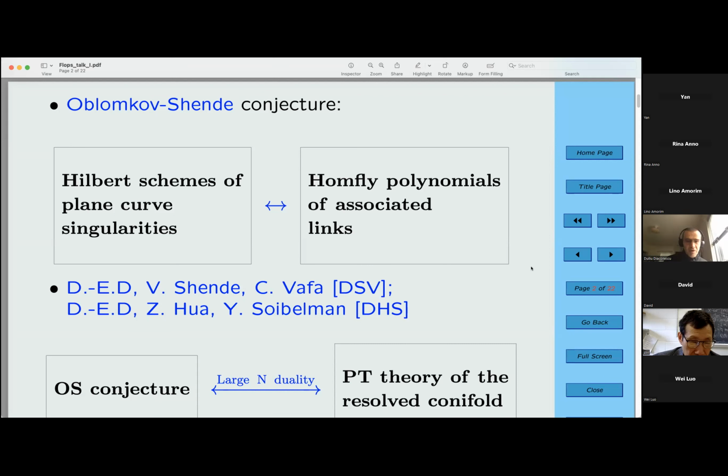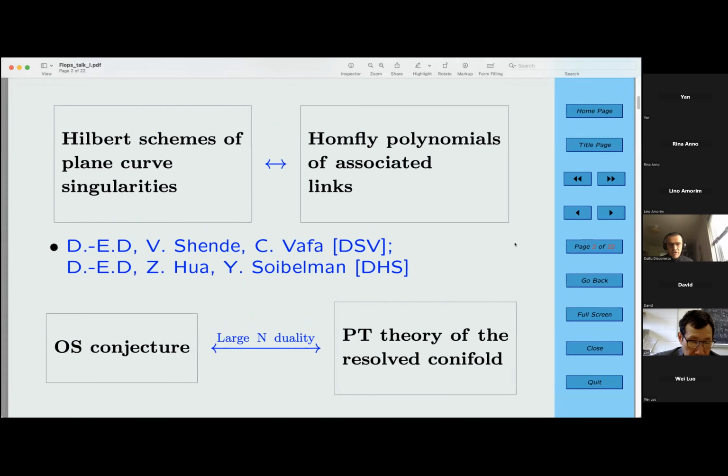Which means you have a singular curve in C2, in two-dimensional complex linear space, with let's say a unique singular point, and you surround that singular point with a small Euclidean sphere, in a three sphere. So the intersection with the curve would define a link or a knot. Well, the HOMFLY polynomial of that particular link is related in a very precise way to the Euler numbers of the punctual Hilbert scheme of the curve.